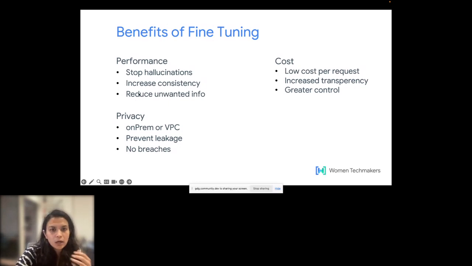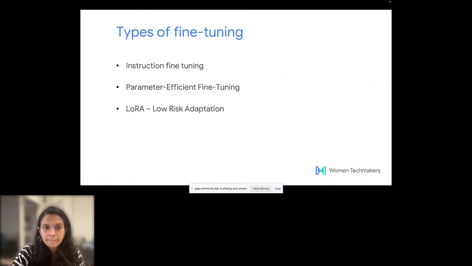So it all depends on the kind of data which you have gathered, and the kind of data which you are using to train your model during the fine tuning phase. And then it increases consistency because you're training your model on a very specific data set. It reduces unwanted info, right? And then it is low cost per request. It increases transparency, and it gives you control of what kind of output you want to generate.